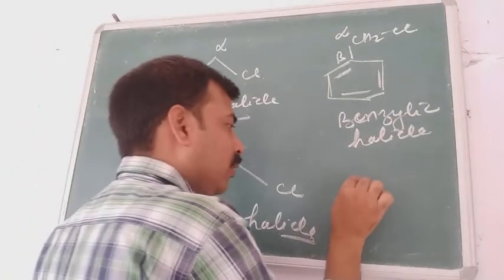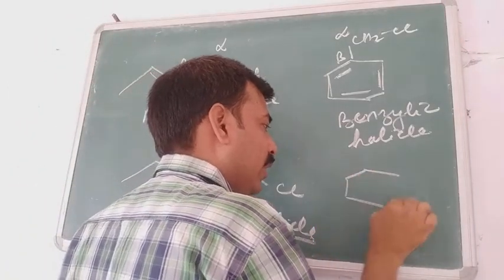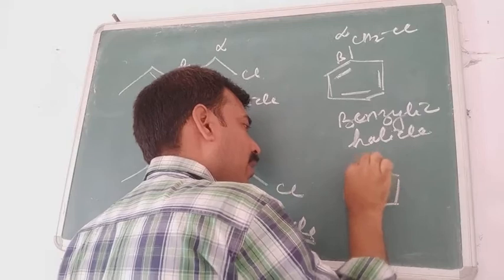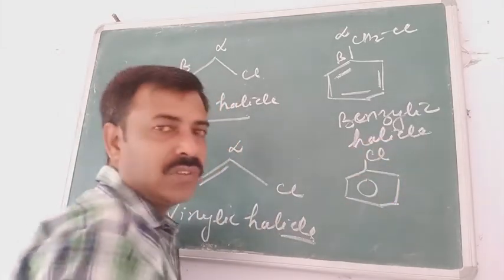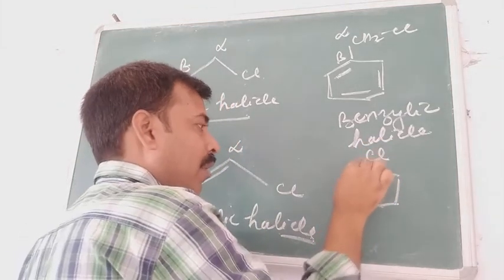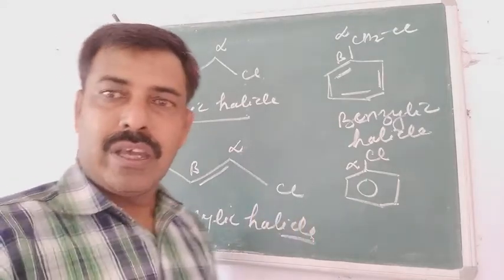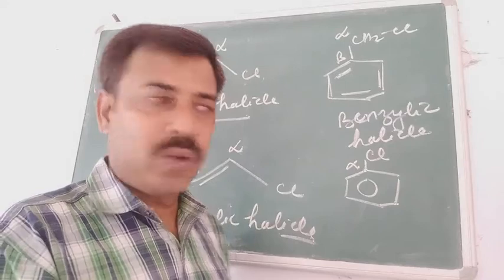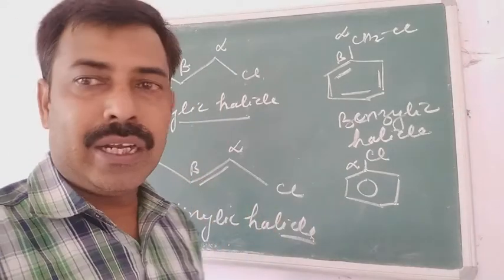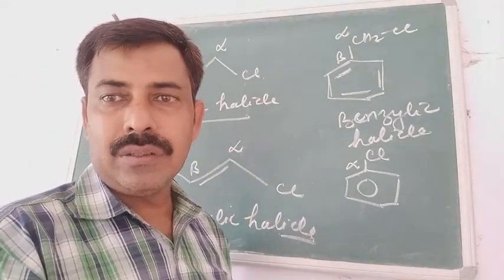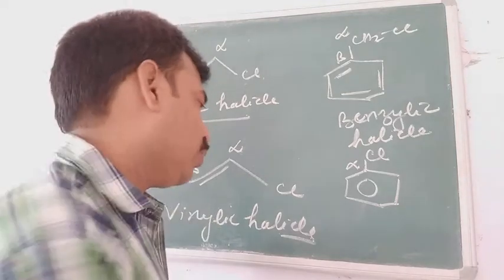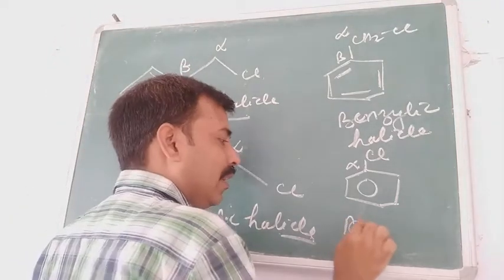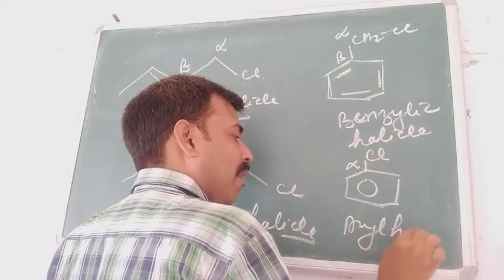But what happens when the alpha carbon is unsaturated, and that alpha carbon is part of the benzene ring? See, this is the alpha carbon and this is part of the benzene ring having unsaturation too. That means it is also following the condition for the vinylic halide, but it is an arene, a benzene system, so it will be called aryl halide.